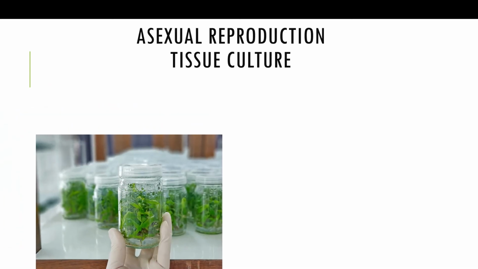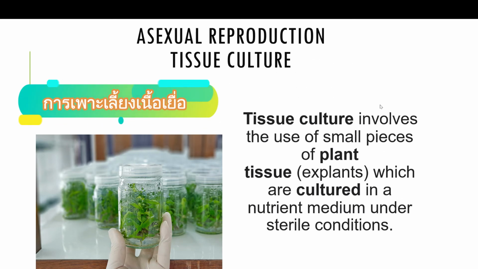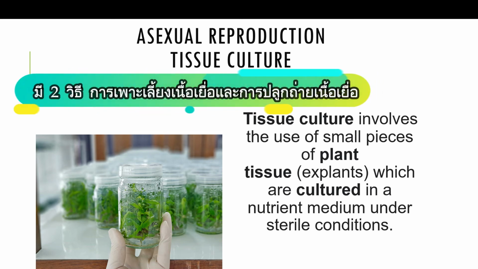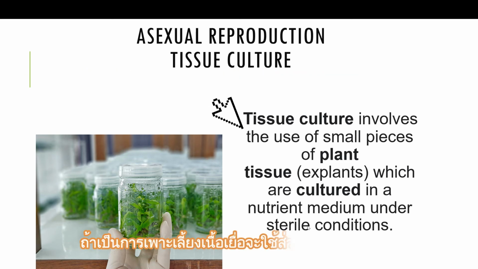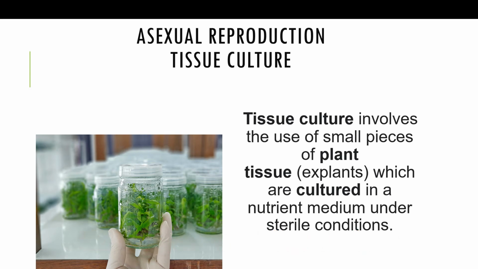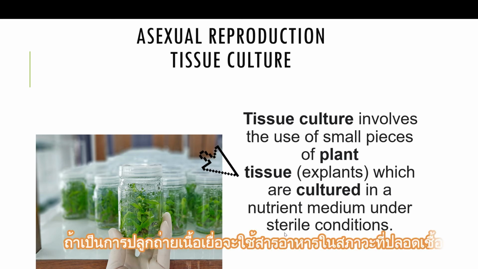Next one here is asexual reproduction. We also call it tissue culture. Tissue culture involves the use of small pieces of plant tissue, explants, which are cultured in a nutrient medium under sterile conditions. They will get the tissue of the plant and put it in a glass, and they will sterilize it.